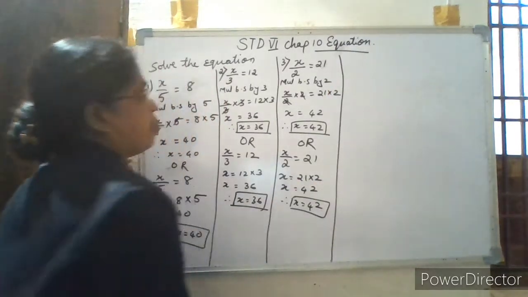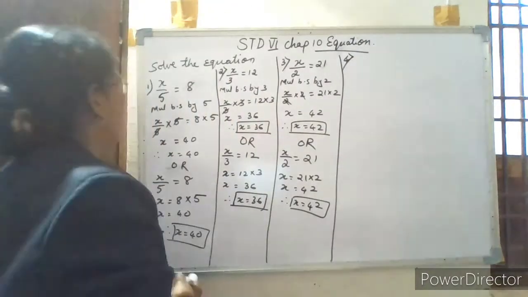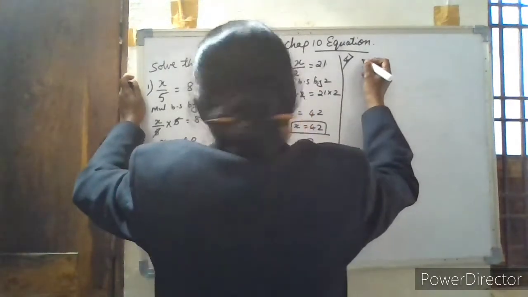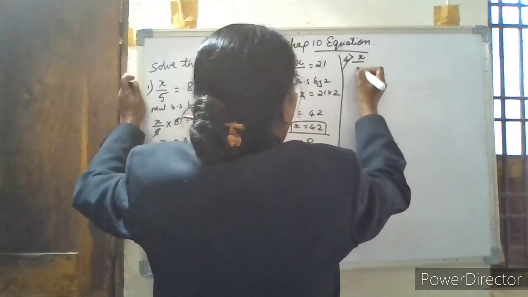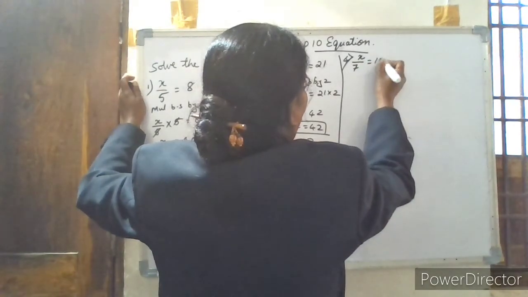Fourth one, same type of equation. x by 7 equal to 14, suppose.